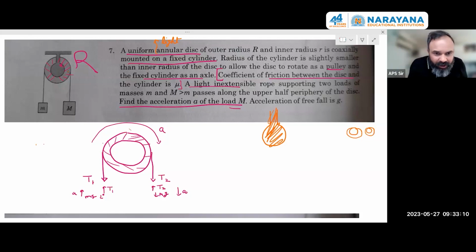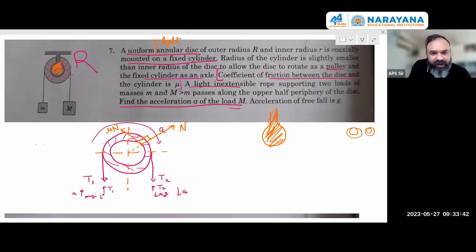And that contact point should be such that if I apply normal reaction and friction, now I'm making a statement: contact is only possible in the first quadrant. Somewhere here, that contact can happen. And this guy is going to apply a normal reaction on my rotating body, that is the annular disk. And he is also going to apply a kinetic friction, which is mu into N. These two forces.